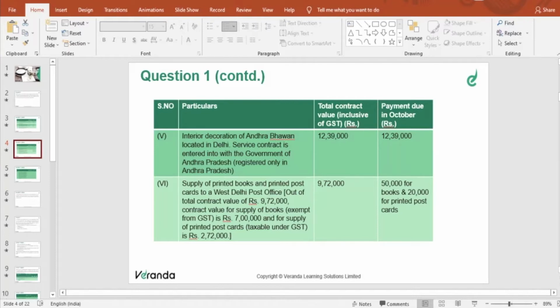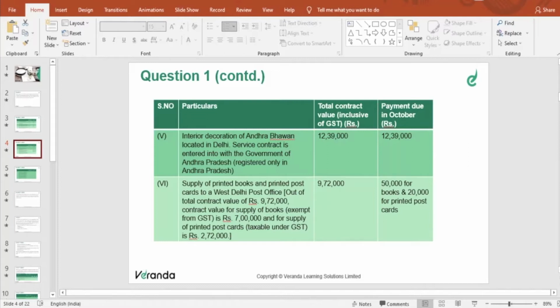So even if the entire contract value is 12,39,000, including GST, even if we exclude it, it will be well above 2,50,000. The proviso gives that this transaction will not attract any TDS provision because the place of supply and the service provider are in different states. Are we all following?